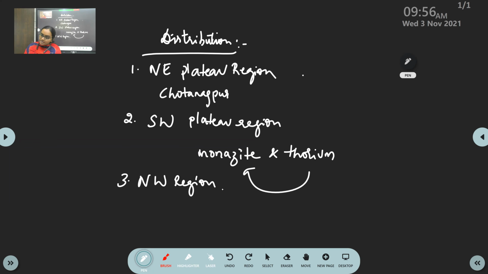Minerals in this location are associated with the Dharwar system of rocks.